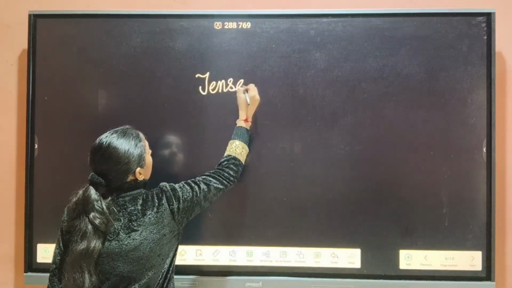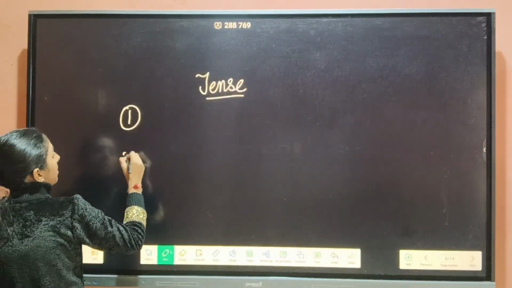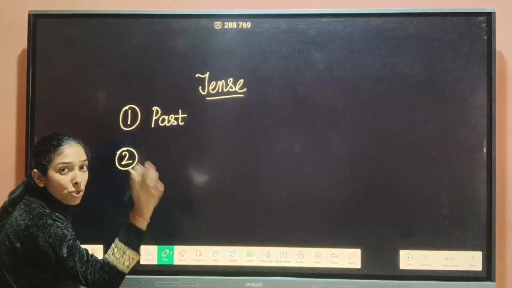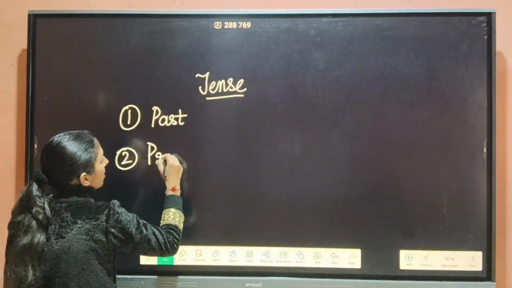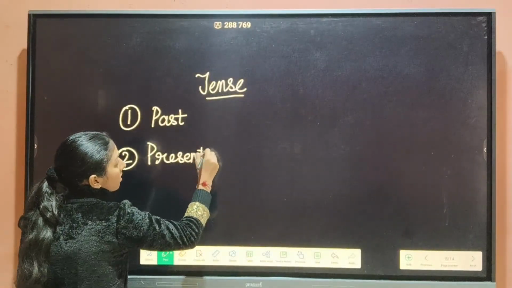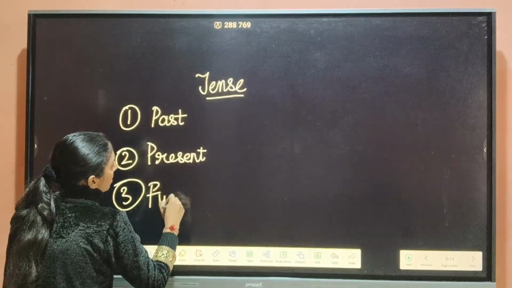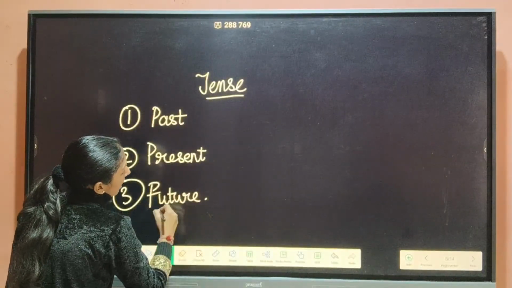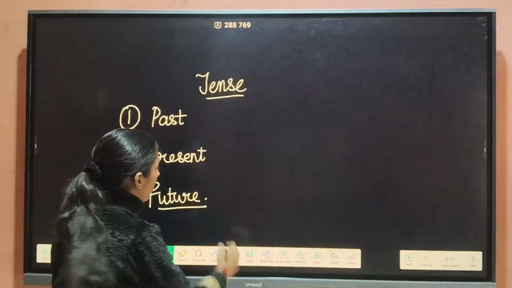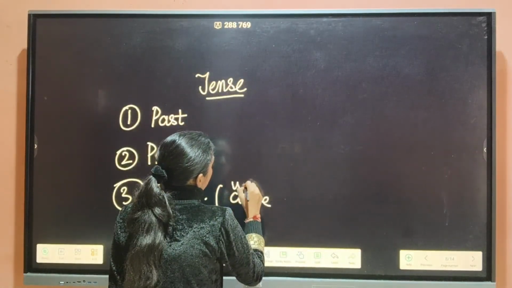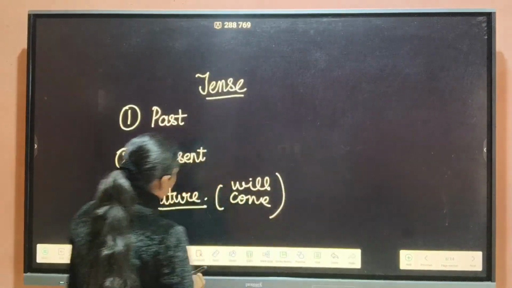Past, which has gone, beta. Present, which is going on now at the present time. And one, beta, which will come, that is our future.